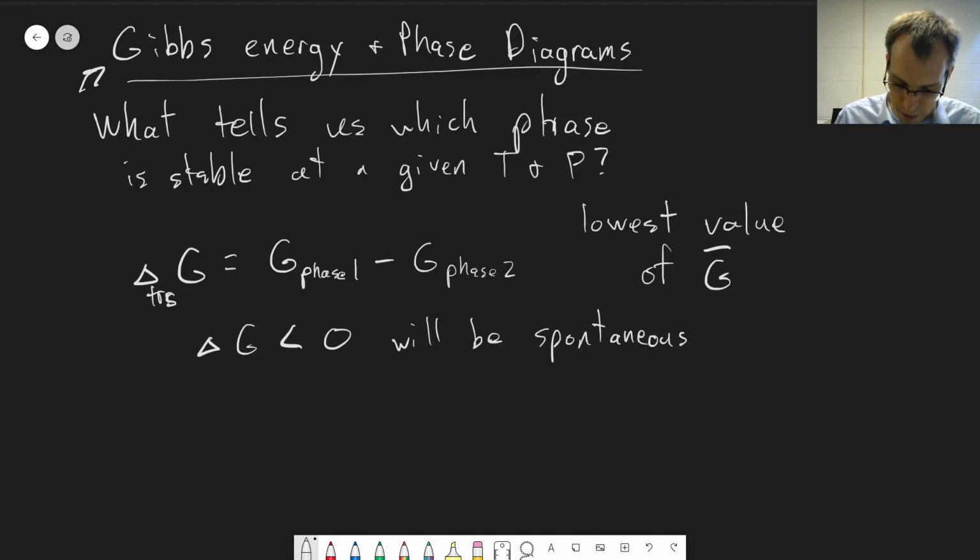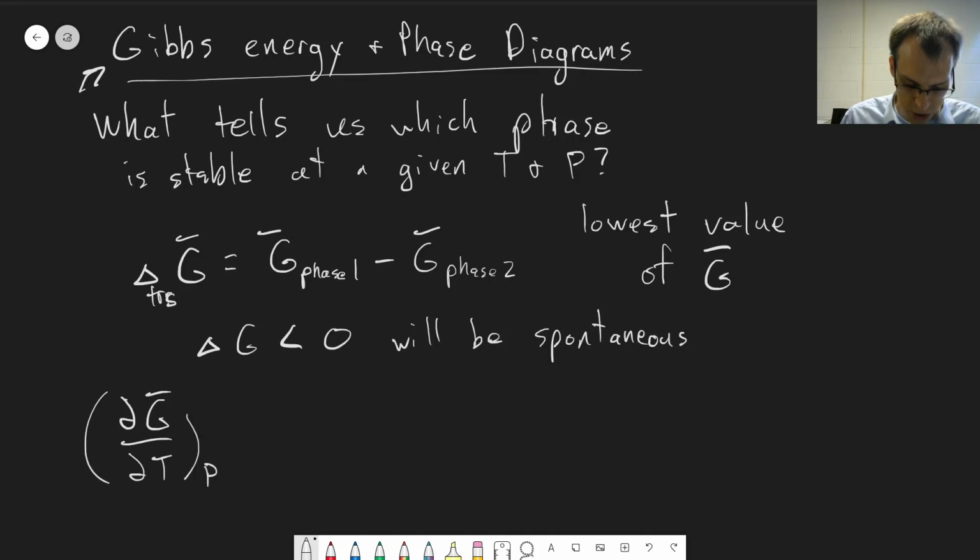And usually we'll think about molar Gibbs energy, so I'm going to write these all as molar values. So we want to think about how Gibbs free energy changes with respect to temperature and pressure. Those are the variables we're thinking about. So we can ask, what is the change in G with respect to temperature if we're holding pressure constant? So we're going just along one axis of that phase diagram.